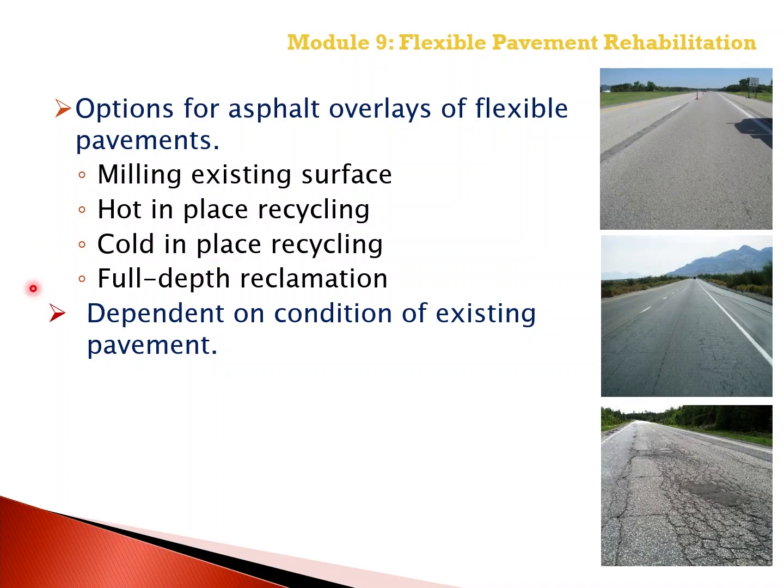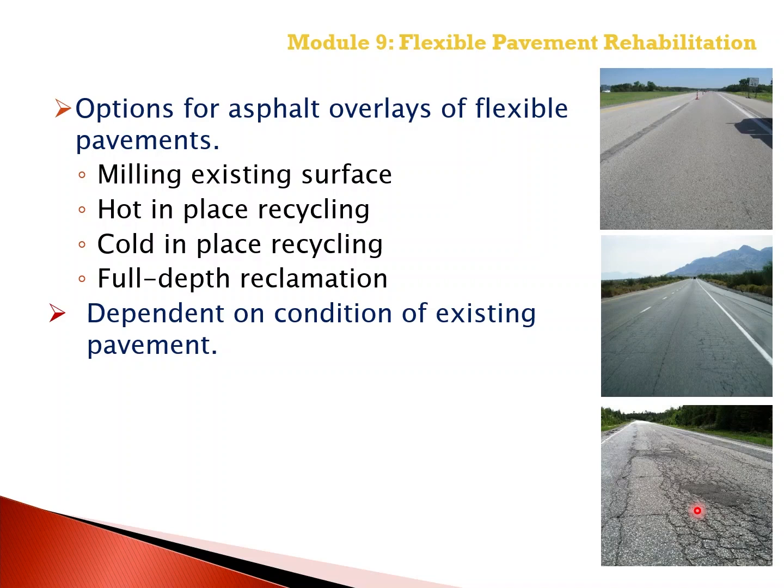And then full depth reclamation, where the flexible pavement is totally inadequate. The lower photograph would include a condition where full depth reclamation is a possibility because extensive and severe distress is observed on the pavement structure.